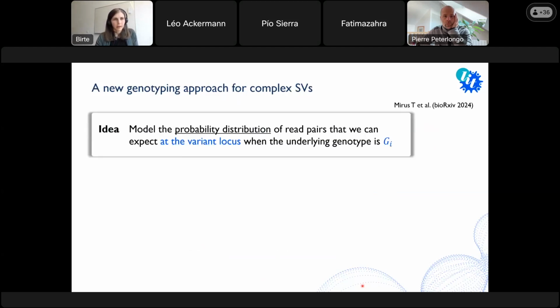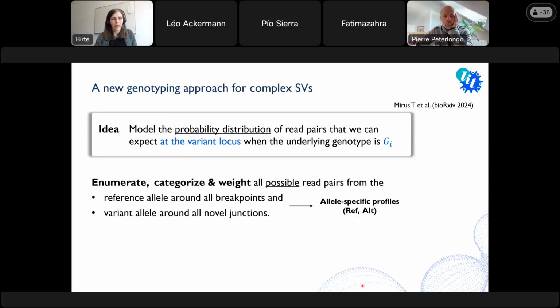Yes, so I said our idea is to model the probability distribution of read pairs at the variant locus. And for that, we enumerate and categorize all possible read pairs from the reference allele around the breakpoints and variant allele around all novel junctions, which gives us allele-specific profiles, one profile for the reference allele and one profile for the alternate allele.